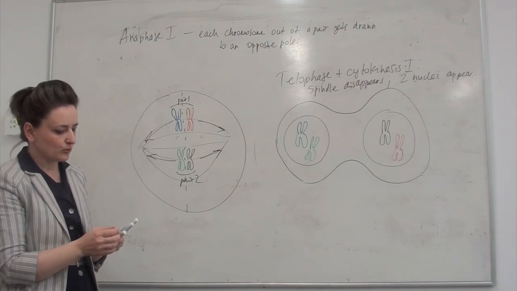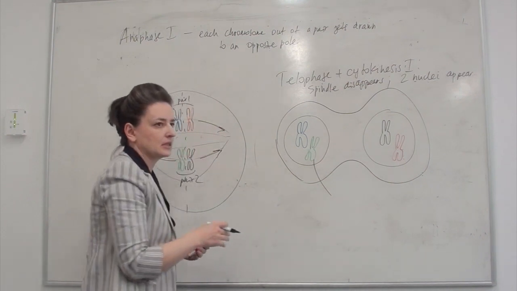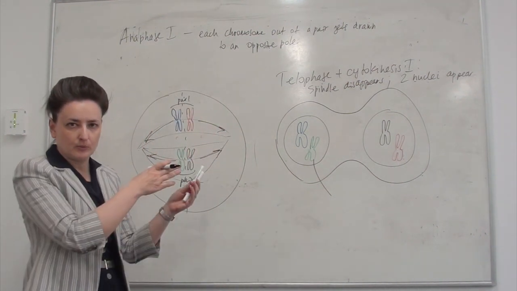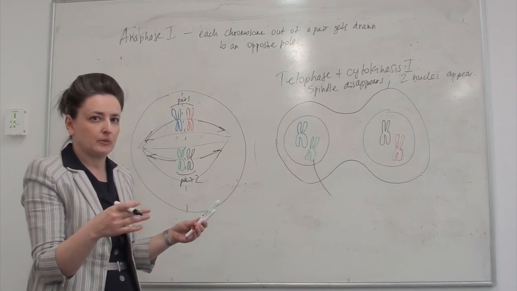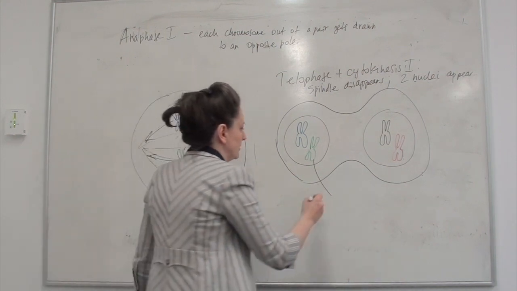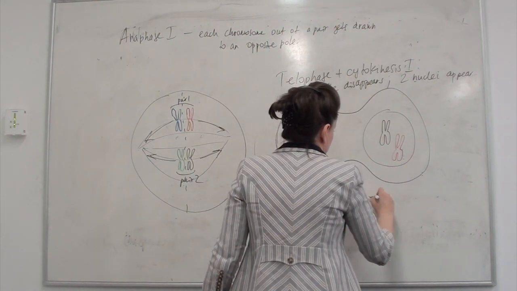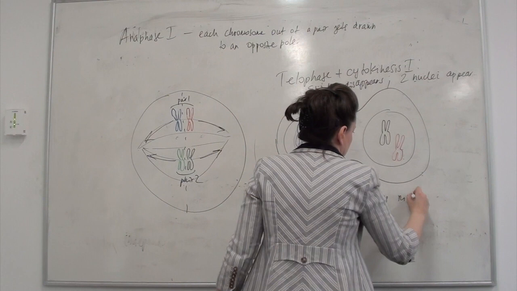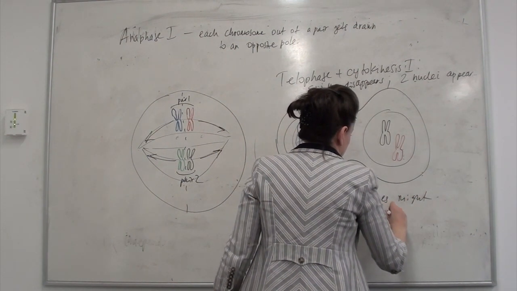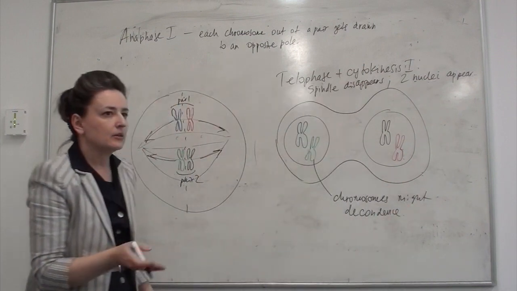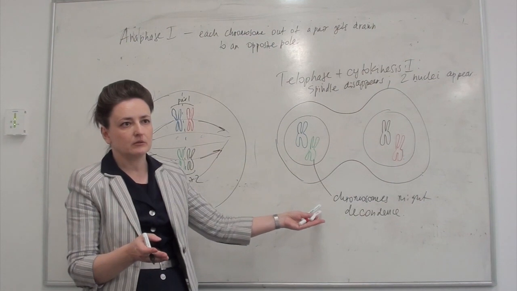What also could happen is that those chromosomes might decondense. You remember at the moment I'm drawing them as fully condensed, but in reality they might start to unravel a little bit. But equally they might still stay condensed, because, is this the end of the whole thing?